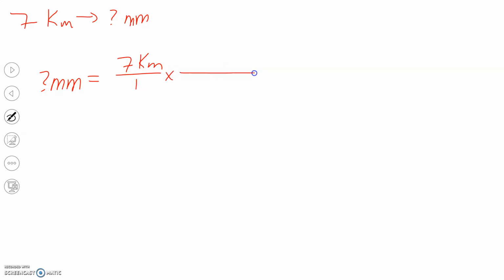Again, just like always, kilometers is on top, so it's going to get put down below. And meters, the base unit, is going to go on top of it. Then what we can continue on to do is we've now got meters on top with this, so it's going to go down below. And we're looking to go to millimeters, so I'll put millimeters up top. Problem is now I've got to plug in all my numbers.